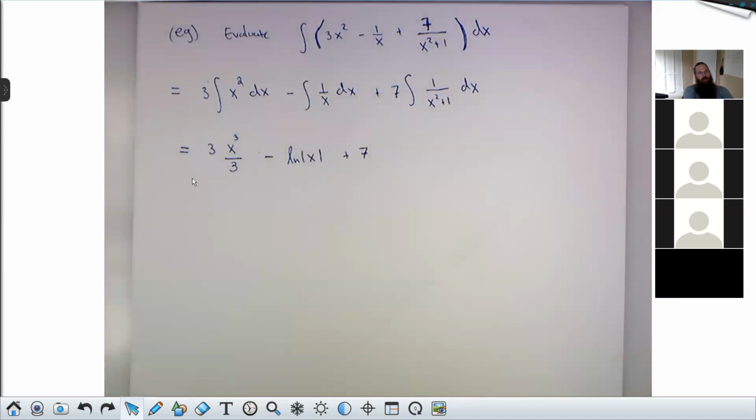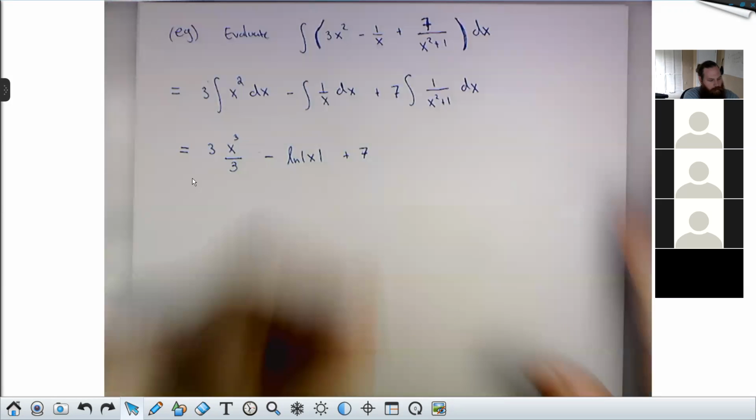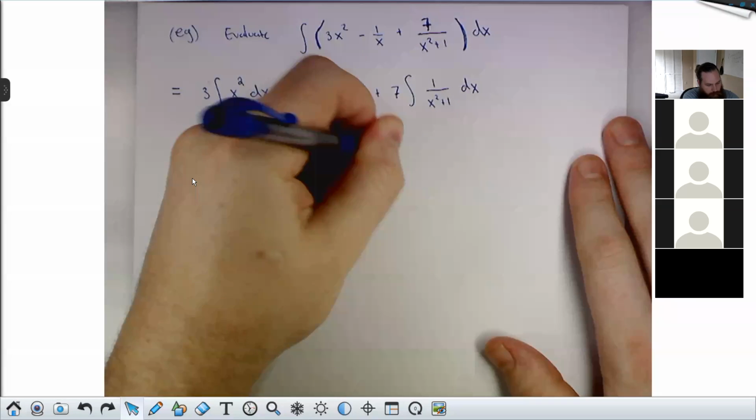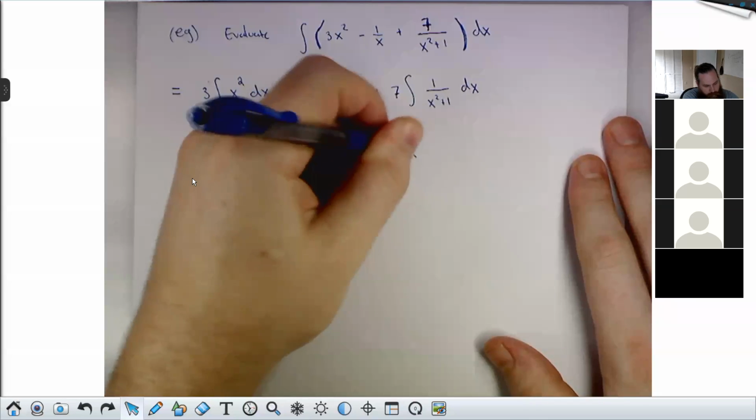What is an antiderivative for 1 over x squared plus 1? Who has 1 over x squared plus 1 as its derivative? Feel free to open your book, look at that table. Good, the inverse tangent function. Yeah, Alejandra's got it. This is arctan, or tangent inverse of x.